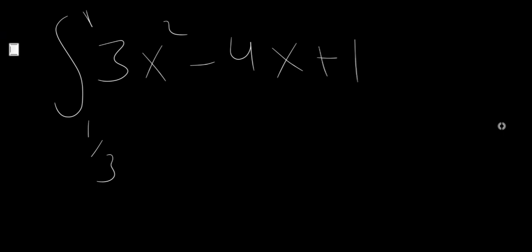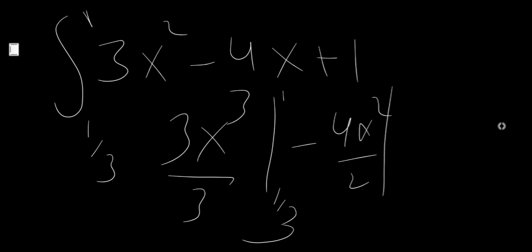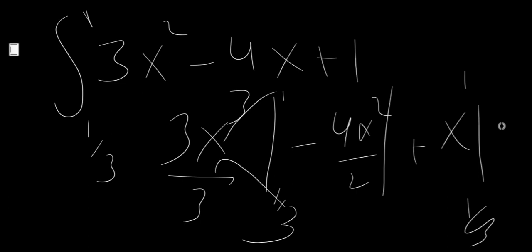So now let's integrate. Well, 3x cubed divided by 3 from 1/3 to 1, minus 4x squared divided by 2 from 1/3 to 1, plus x from 1/3 to 1. So now putting the values 1 and 1/3 over here, 1 and 1/3 over here.